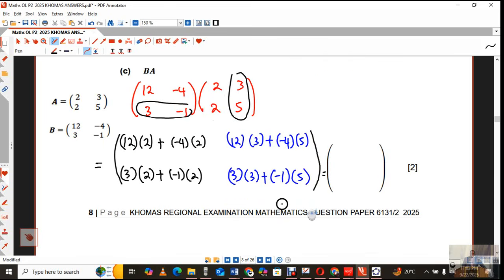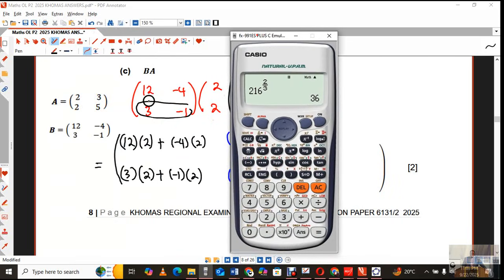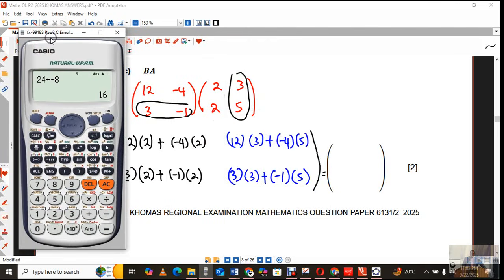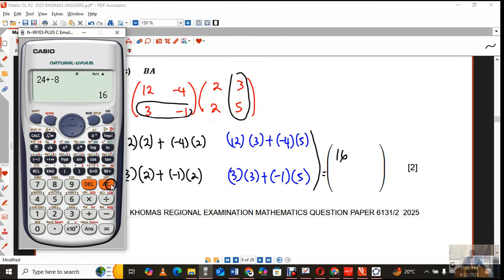You can grab your calculator and see what you get. Let's do the first one over here. We have 12 times 2 is 24, plus negative 4 times negative 2, that's negative 8. So that gives me 16. Let's do the same for the other one on top here.